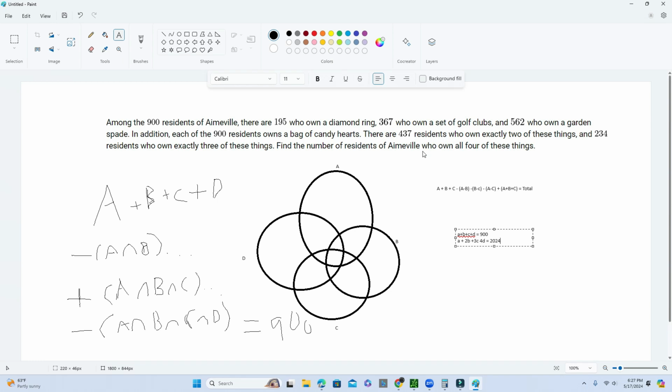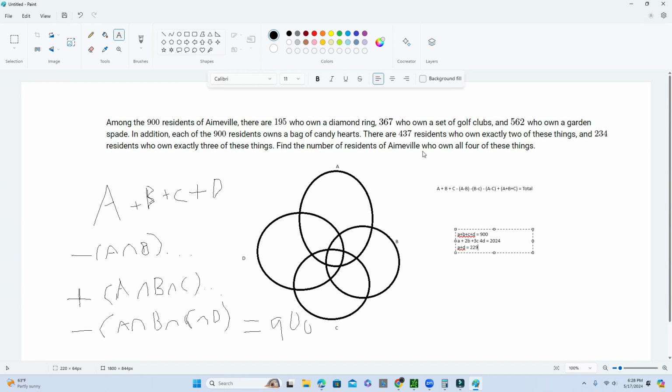So that leaves A plus D equal to 229. Let's write that down: A plus D is equal to 229. Next, since we have A plus D here, we can also eliminate the 2B and 3C in 2024.